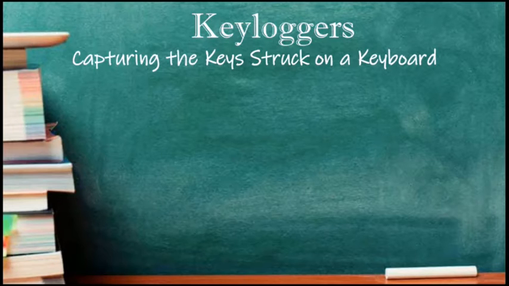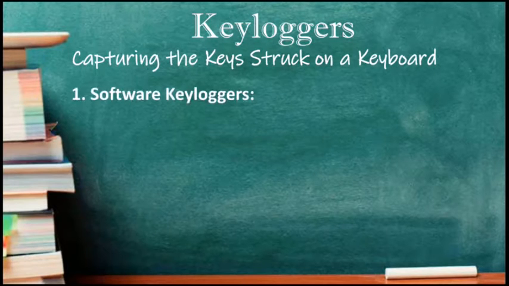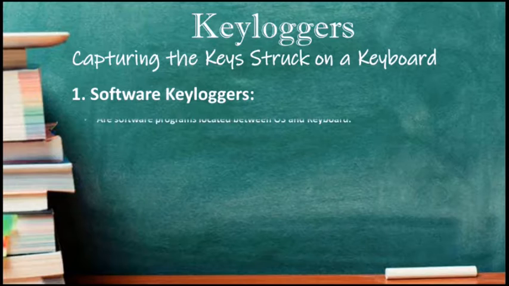It is classified as software keylogger and hardware keylogger. The first one is software keylogger. Software keyloggers are software programs installed on a computer system, which usually are located between the operating system and the keyboard hardware, and every keystroke is recorded.